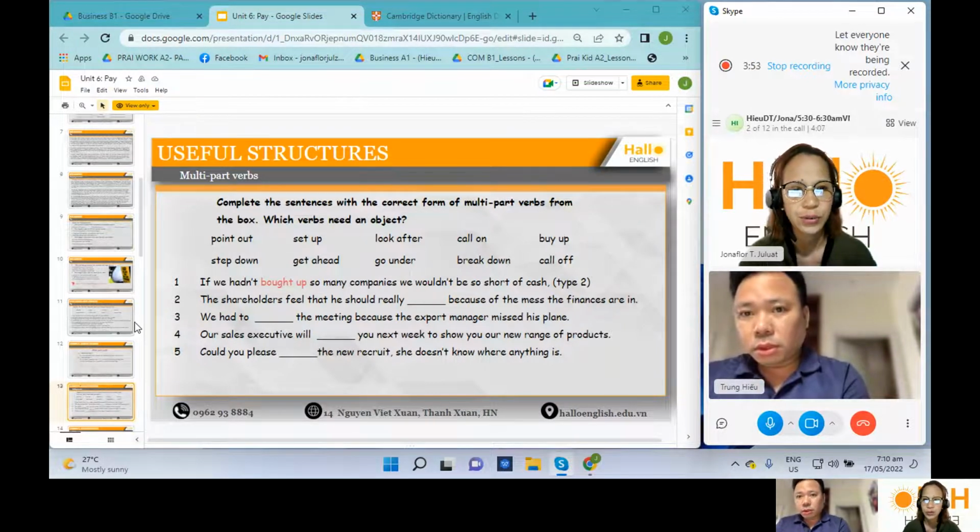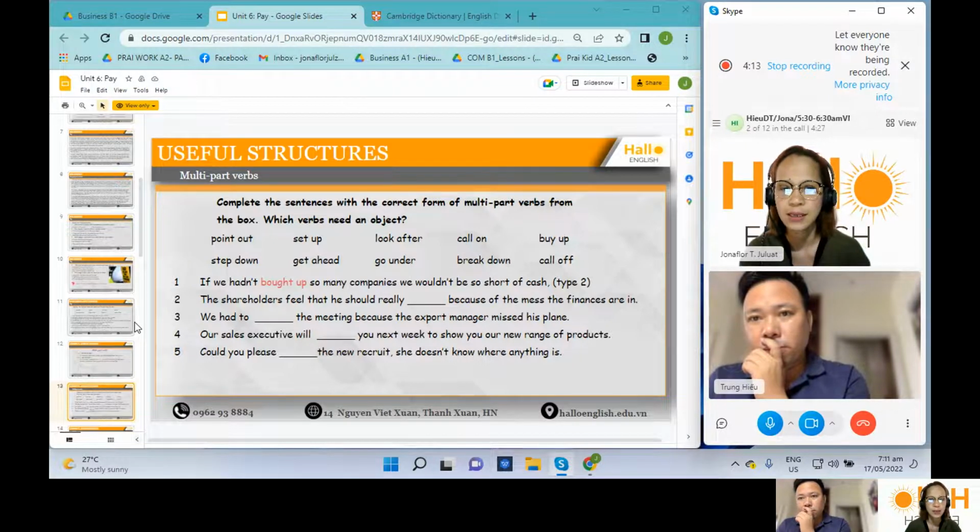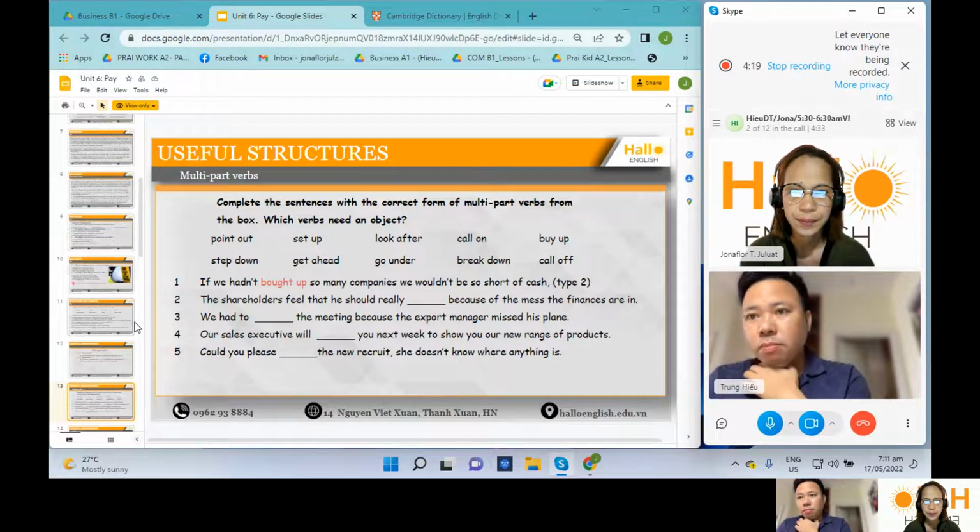Can you answer number 2? The shareholders feel that he should really blank because of the mess the finances are in. What is the right word?